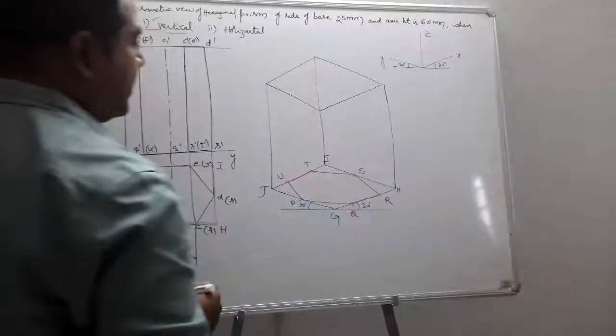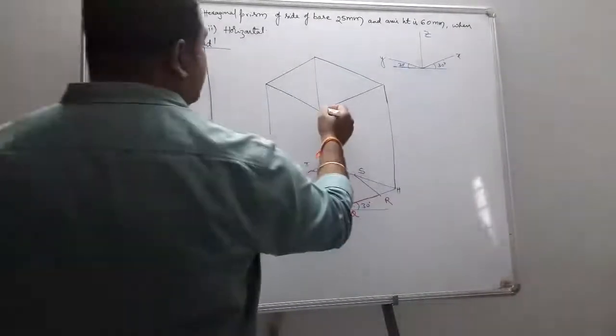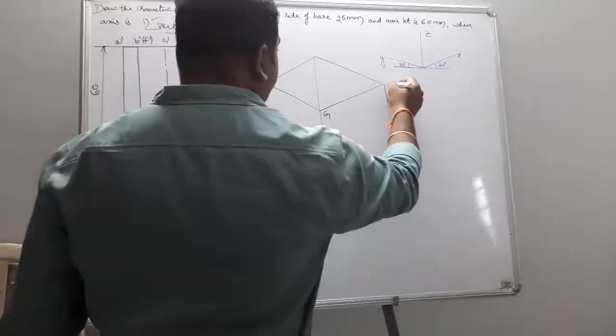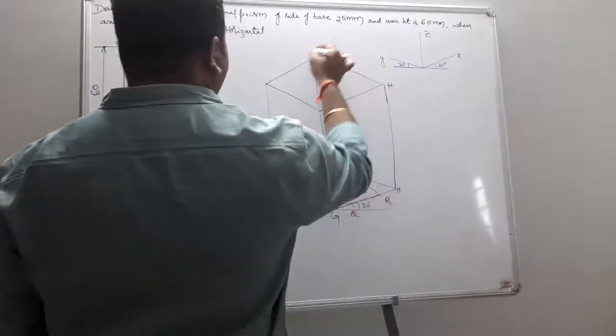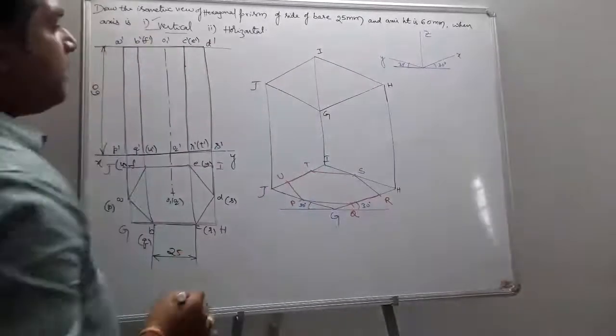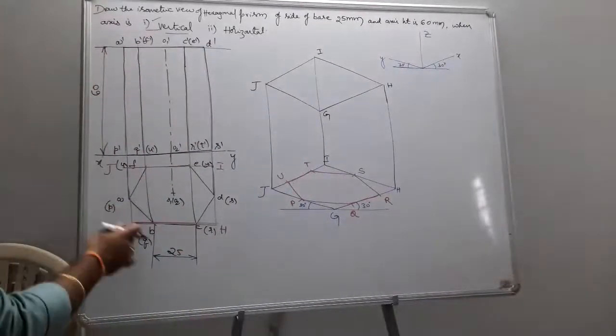Again, these also become my G, H, I, J. Now let us see the points which are going to be on the top.